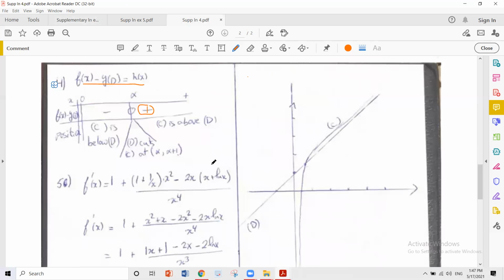So minus 2x into (x plus ln x) over x power 4.